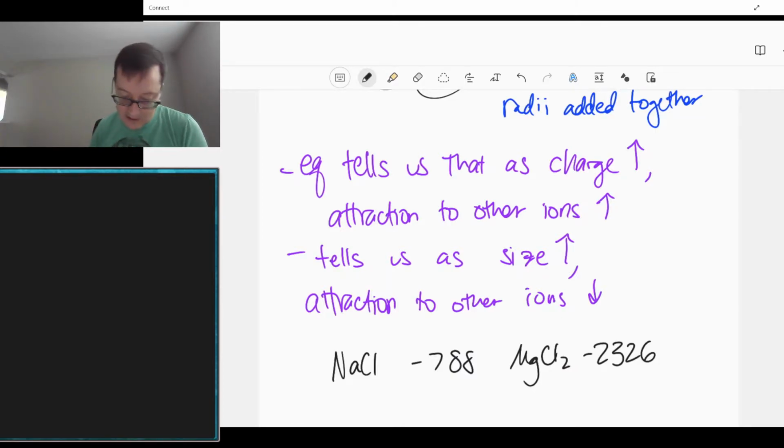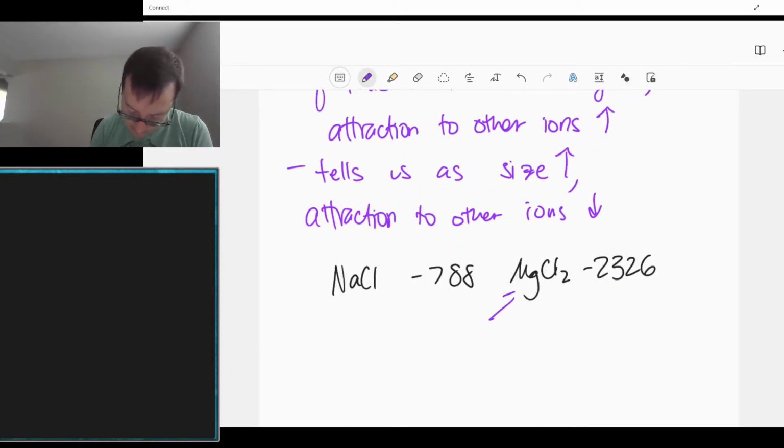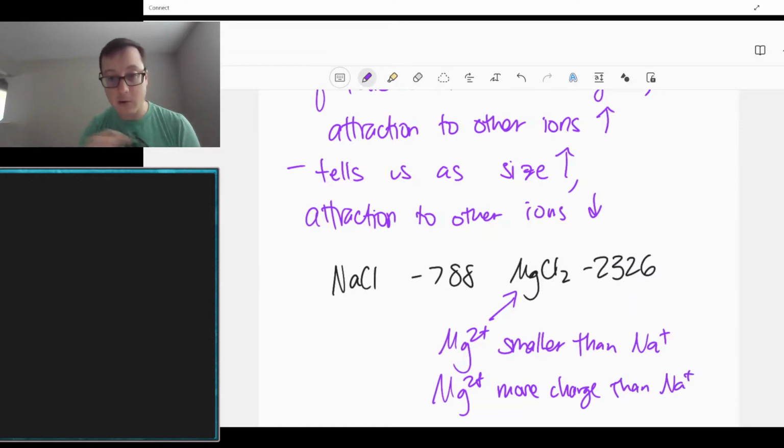And the reason for that is because magnesium not only is smaller, but also magnesium 2 plus is more charged. Chlorine is the same, right? So we don't need to compare them.